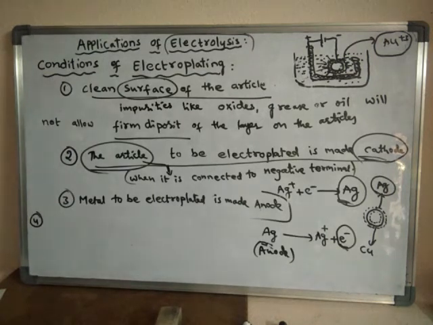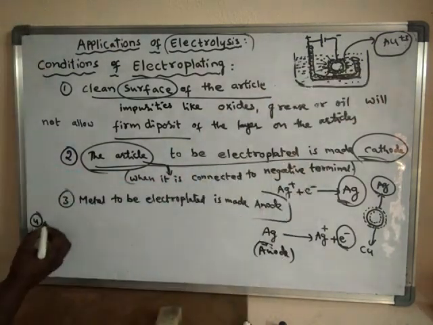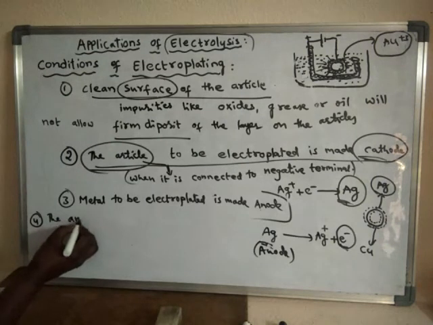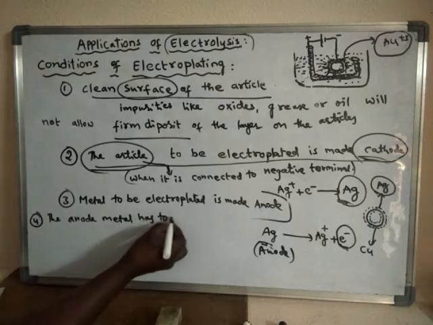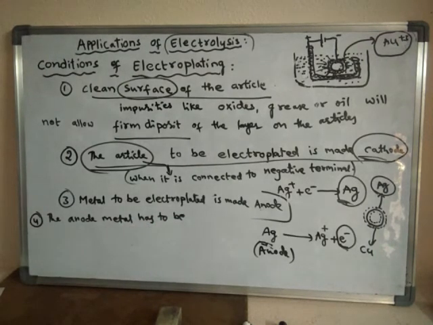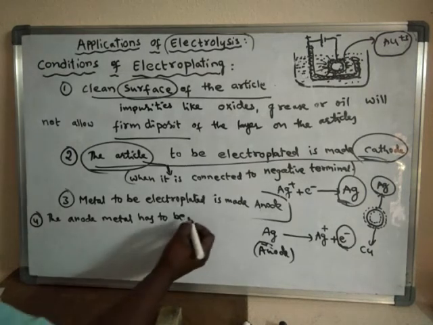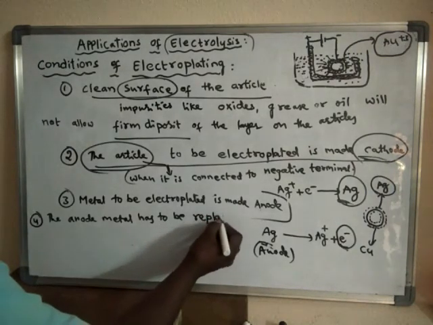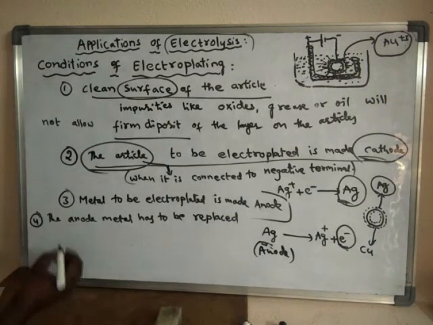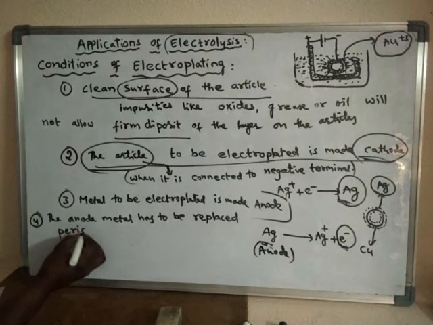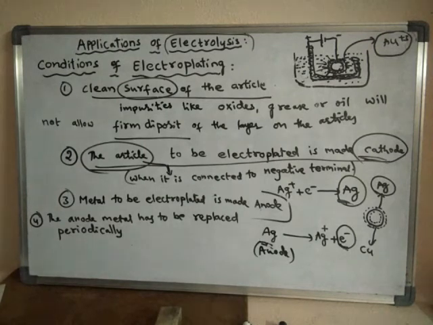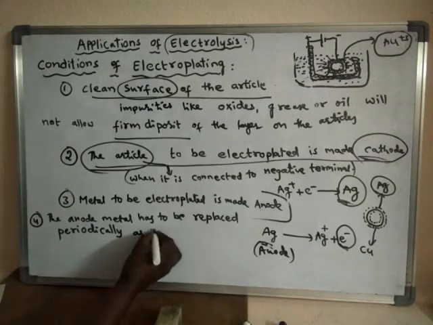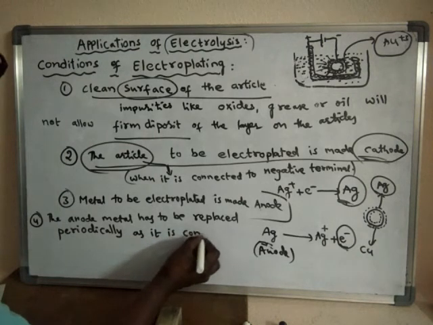The anode metal has to be replaced periodically, because it is consumed.